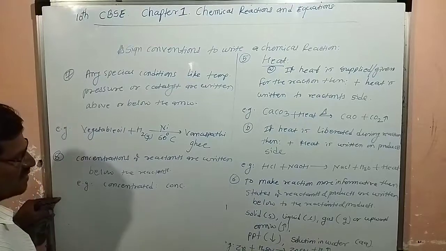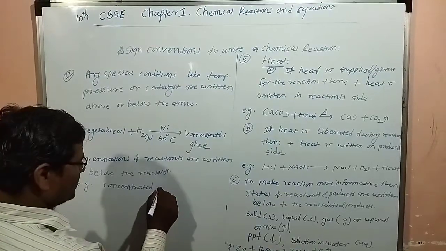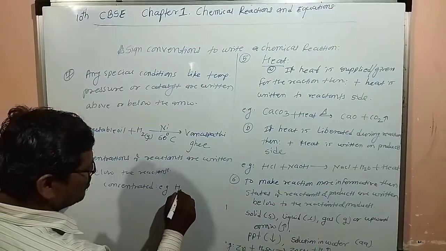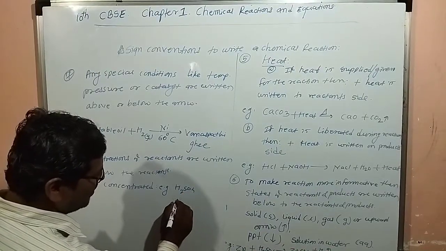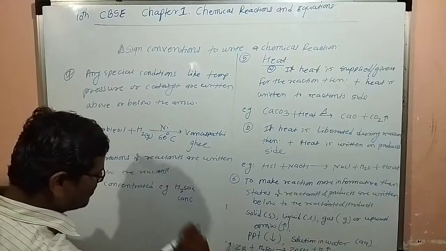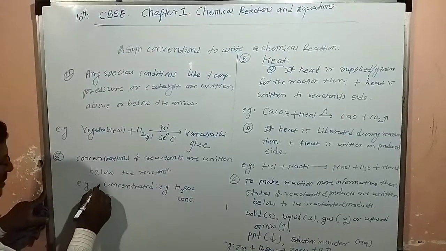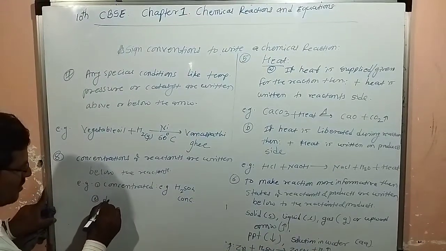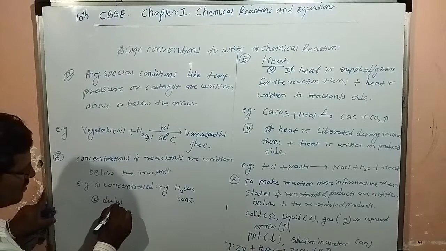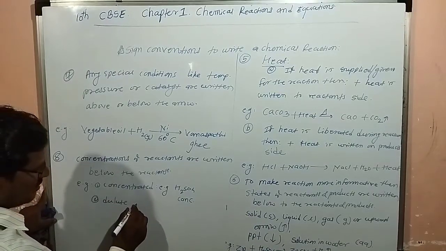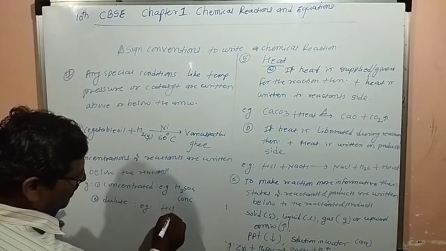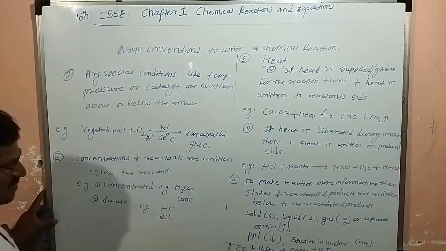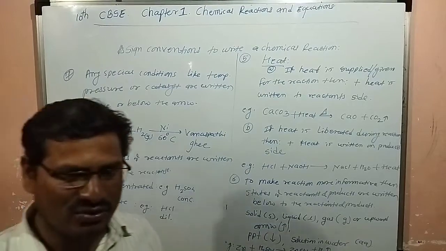For example, concentrated H2SO4, you write conc. And for a dilute reactant, for example, HCl dil., hydrochloric acid dilute.